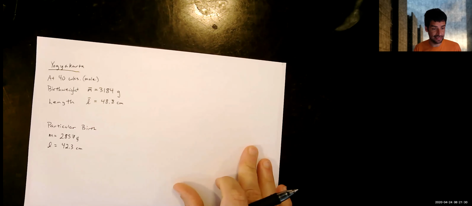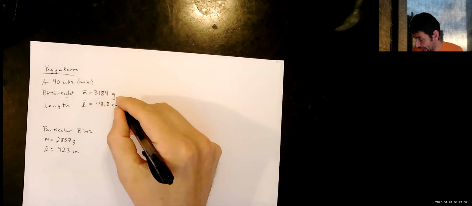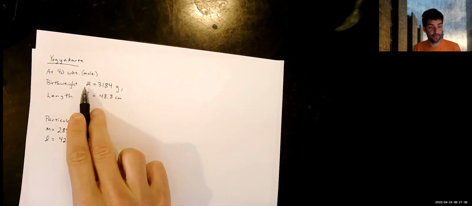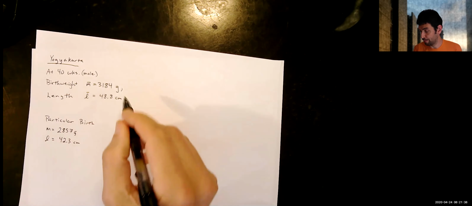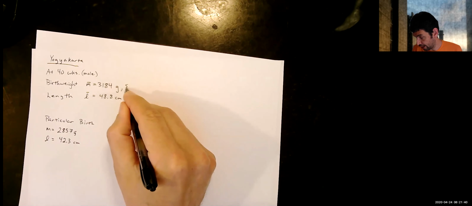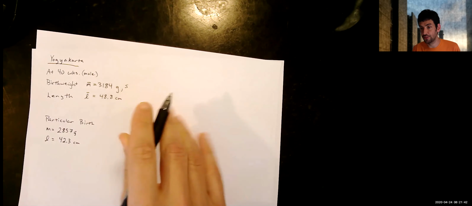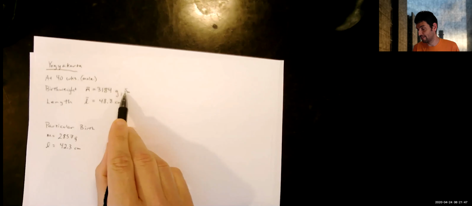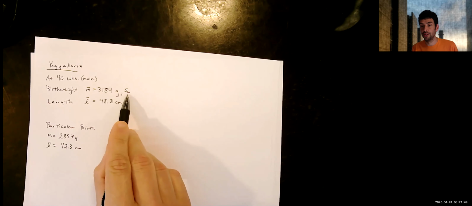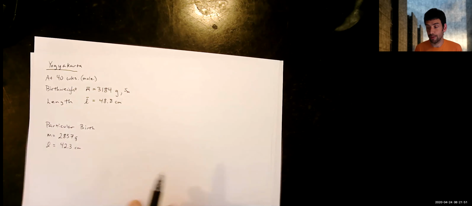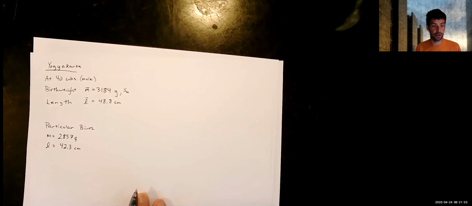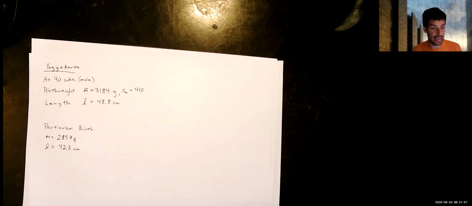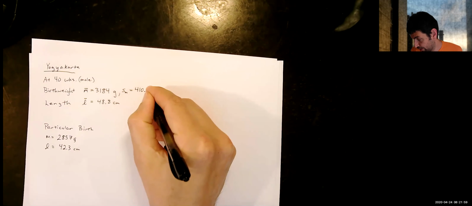So let's add some information here. I'm going to add standard deviation information. The standard deviation for the birth weight, I'll call it S. Remember, that's our symbol for standard deviation. I'm going to put a little m under it to say this is the standard deviation for the mass, the thing that I've been calling m, because I'm going to have 2 standard deviations and I don't want to confuse them. The standard deviation is 410.5 grams.